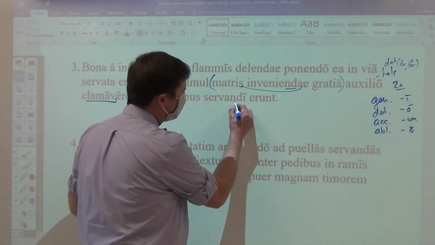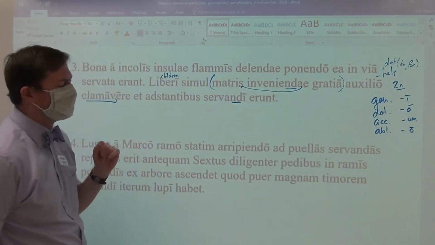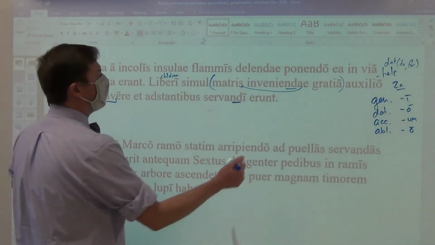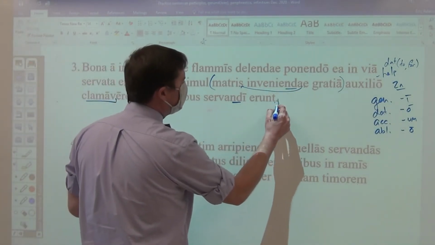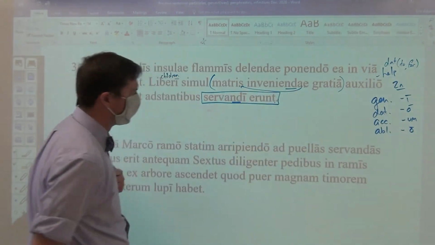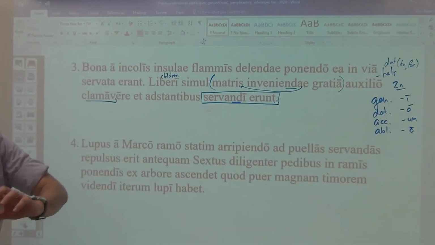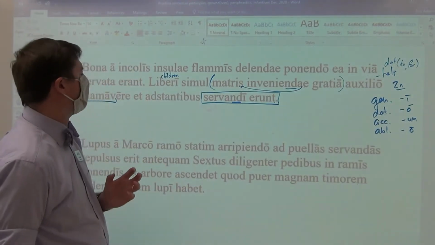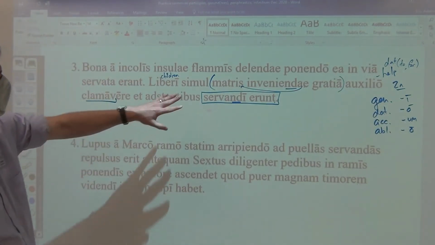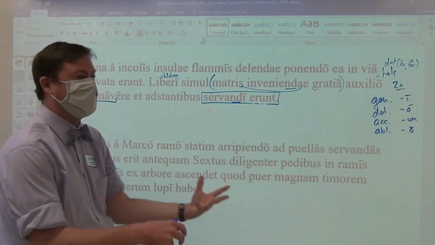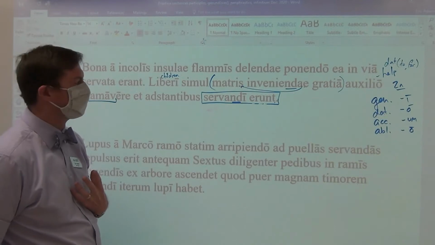Now, again, this is a gerundive, but it is hanging out with the form of the verb to be, which makes it a future passive periphrastic. And remember, the future passive periphrastics imply obligation. And so, they, tomorrow, make it passive and make it obligatory.